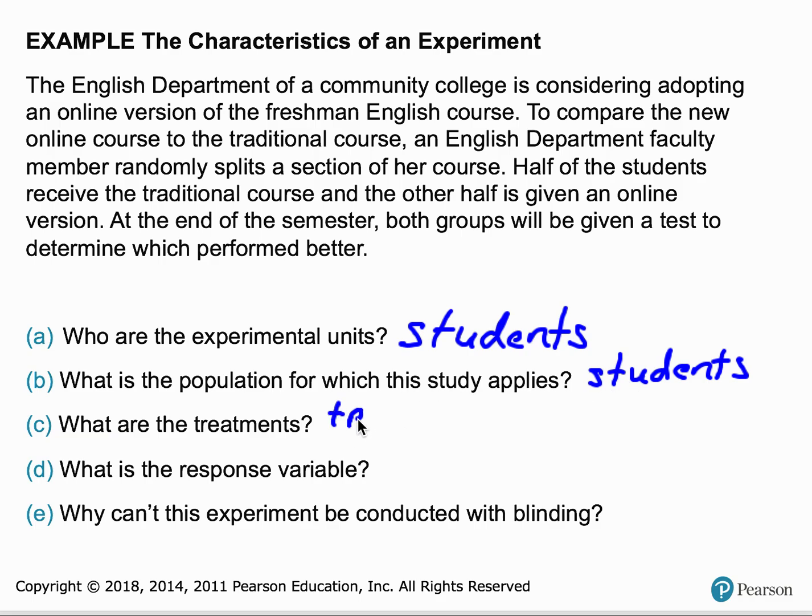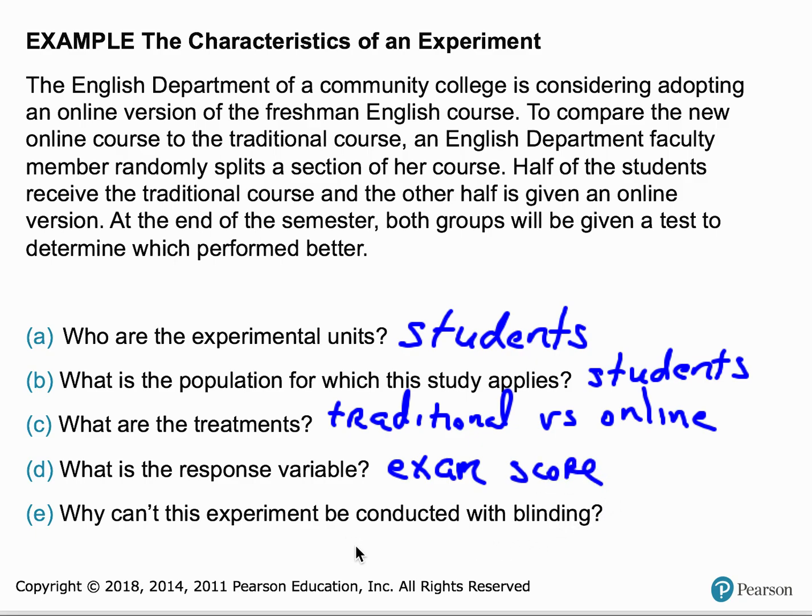Well, she's got traditional versus online. What is the response variable? At the end of the semester, they're going to be given a test to determine which performed better. So their test score.